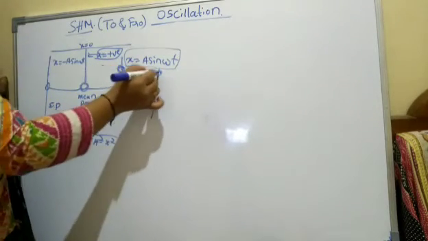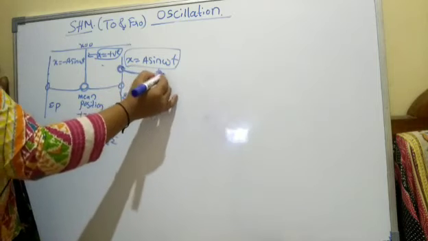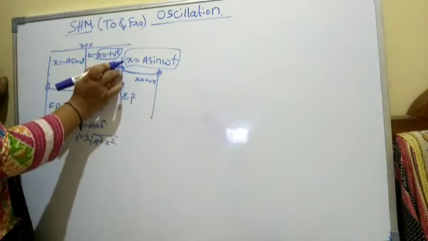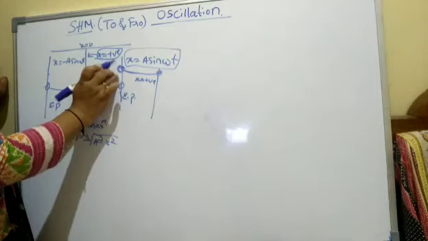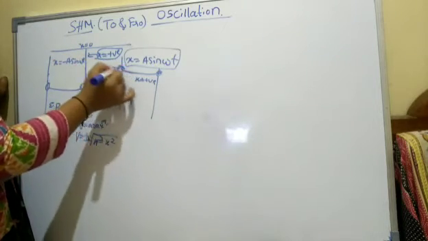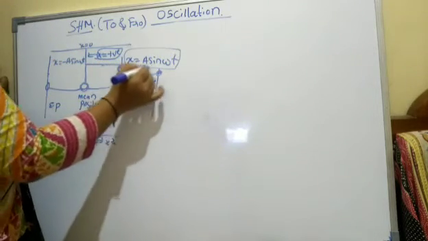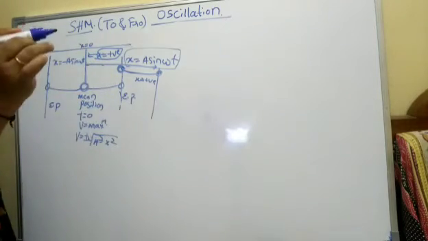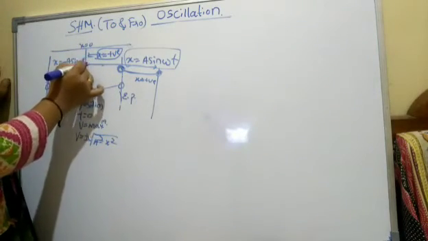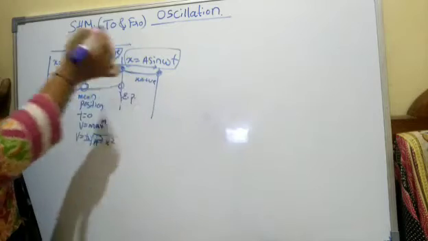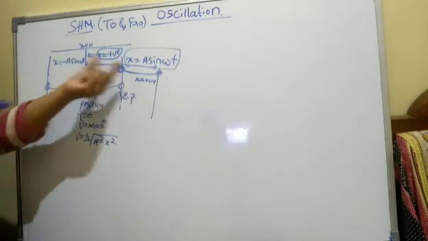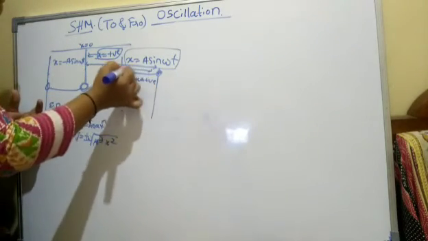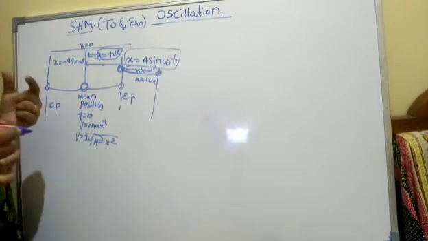Once it reaches here, this is the extreme position with respect to the previous extreme position. But the displacement of the particle is measured from here. Got it? Why am I saying that? x is always measured from the mean position of the particle. Don't measure it from here. This is not x.